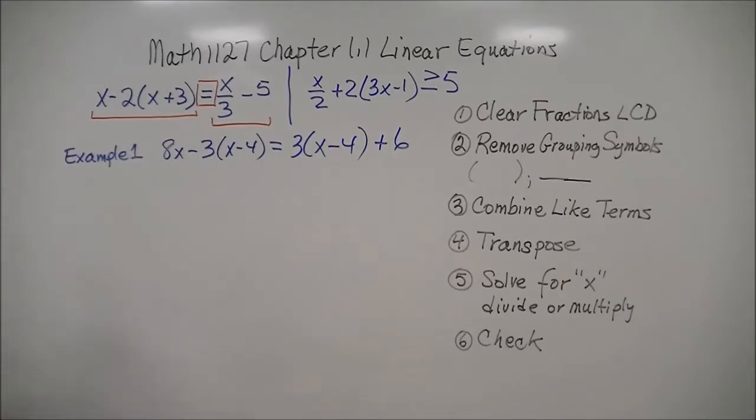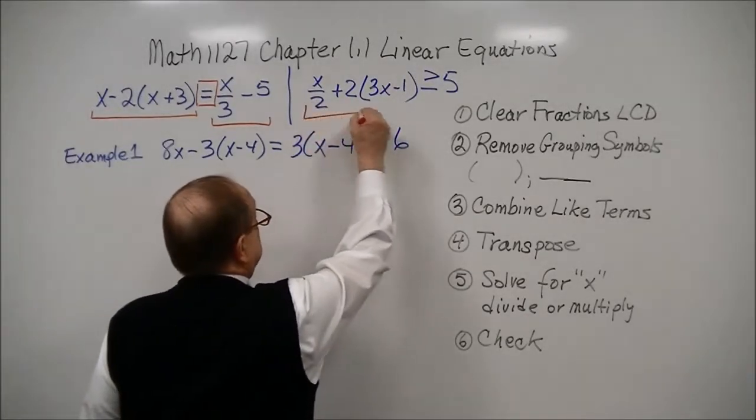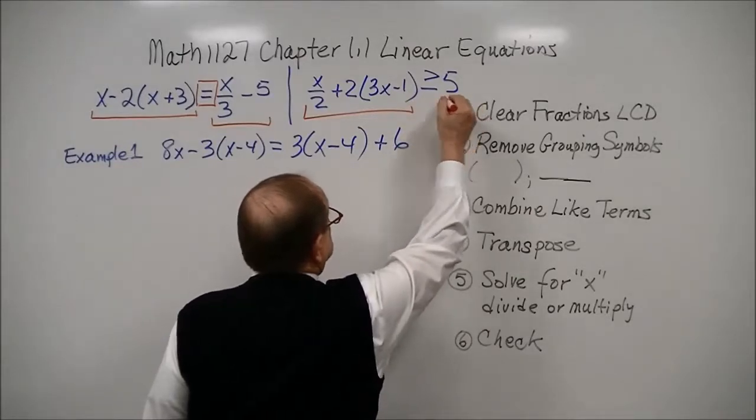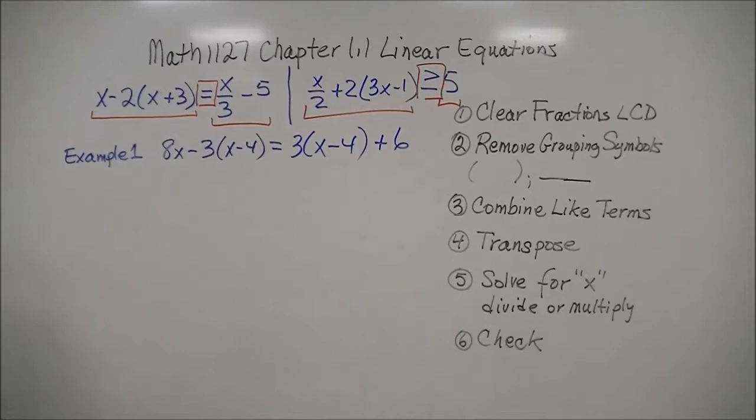That is what an equation is. Now a linear inequality, instead of having an equal sign between your mathematical expressions, you have an inequality sign. And we will be showing you examples of both of these as we go on.